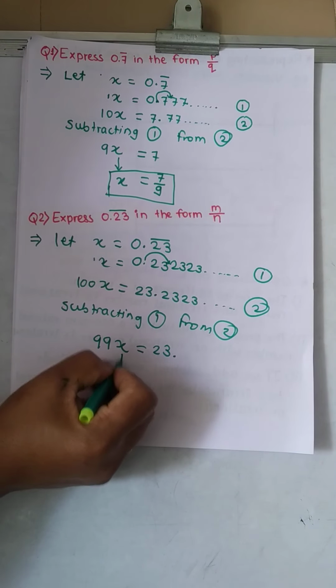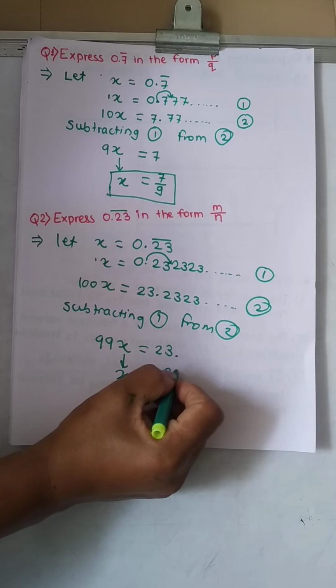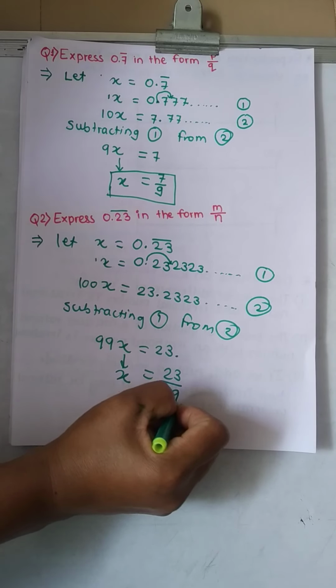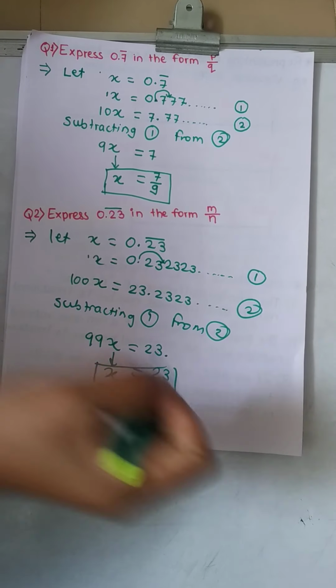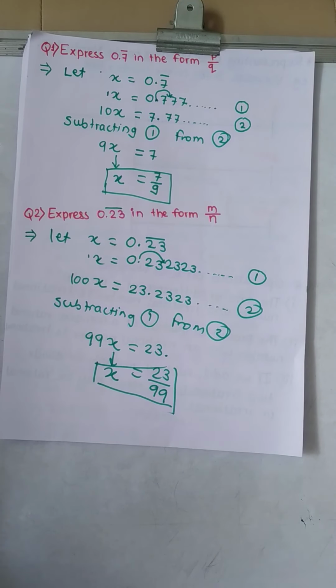Keep x as it is, transpose 99, so x equals 23 upon 99. This is what we got, m upon n. I hope you have understood how to express the given decimal form into the rational number, the p by q form, m by n form.